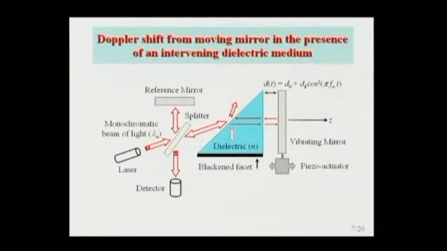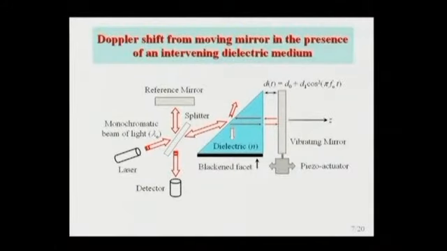Then we build a Michelson interferometer here. So the light source is a laser. We split it into two beams. This is a reference mirror. You interfere the light coming back from the reference mirror with the light coming back from the vibrating mirror. This mirror is now sitting on a piezo actuator and it's vibrating at some frequency. So the gap is now a function of time because the mirror is moving.